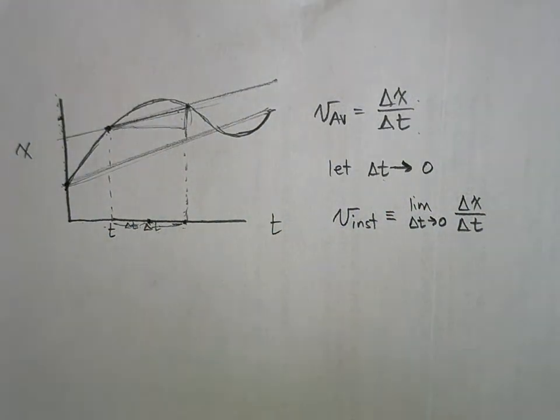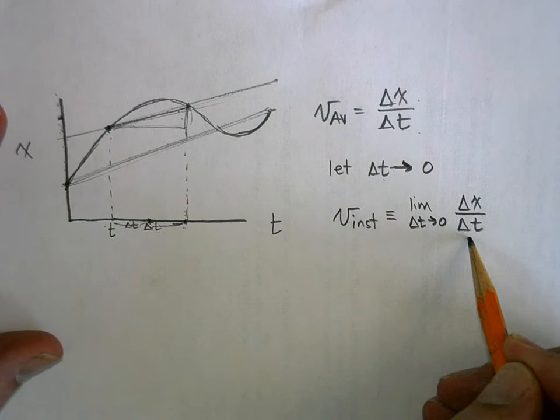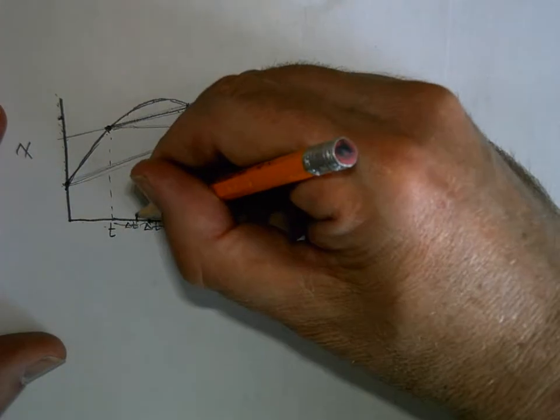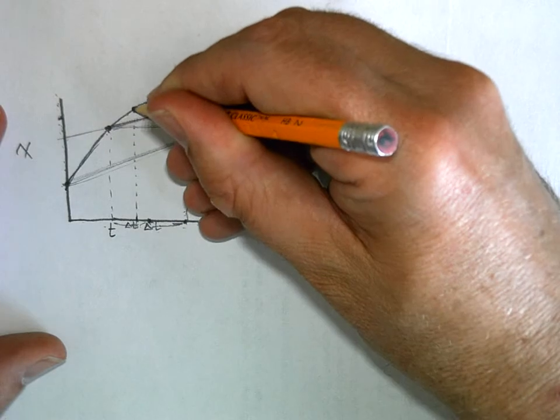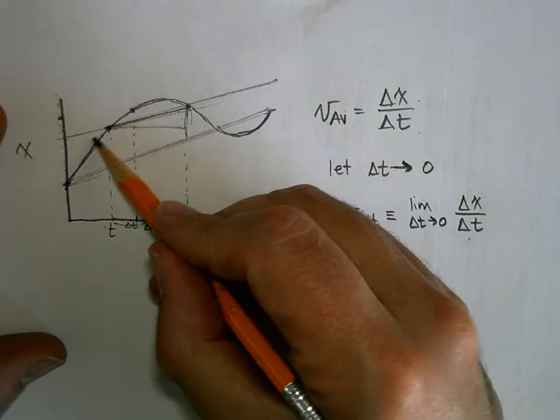I'm going to let delta t get smaller. And let's look at what happens to the slope of the line connecting t to t plus delta t. Let's let delta t get smaller. So like, let's say a third as big. So here's my new point, and what happened to the slope?